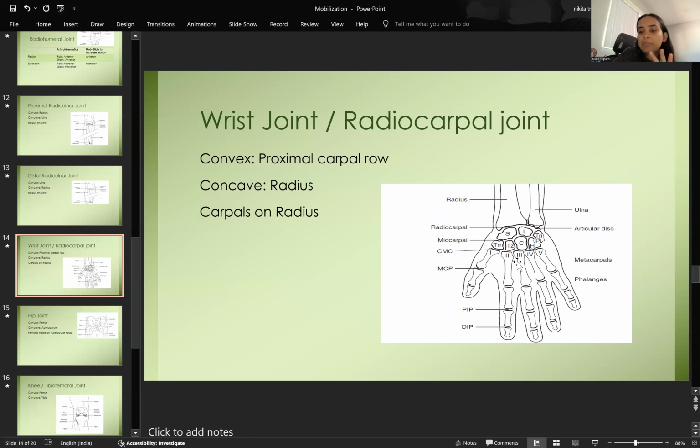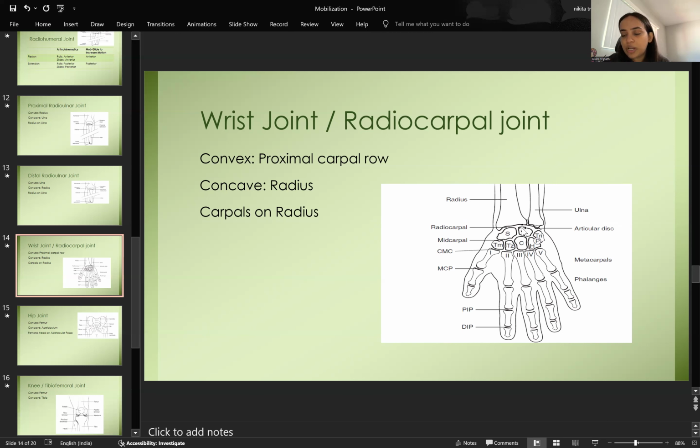Now the carpal bones are moving on radius. Carpal bones moving on radius. So what is the surface of radius at this distal joint? Concave. Now the radius is concave and all the scaphoid, lunate, the proximal carpal row is convex. Okay.